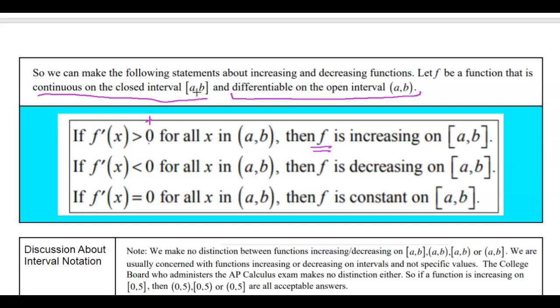These would be justifications on a free response question. If your derivative is negative, then the original function is decreasing. If your derivative is 0, as we saw back in the theorems, then it means your original function's y values are the same.